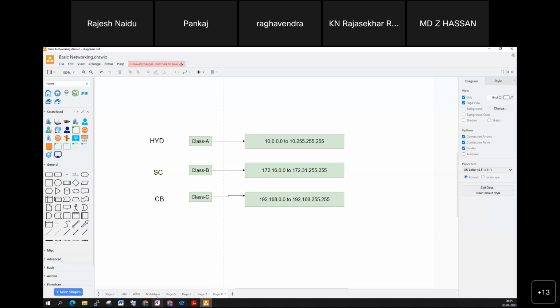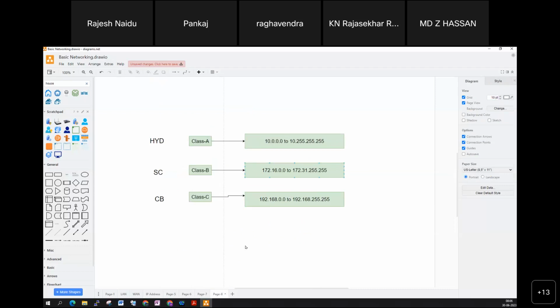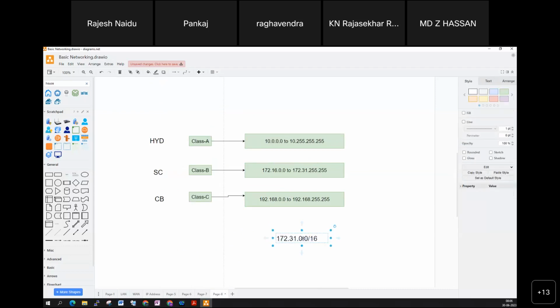Whatever IP address we have taken from the AWS environment, the Canada location, 172.31.0.0/16, means this is one area of this network.